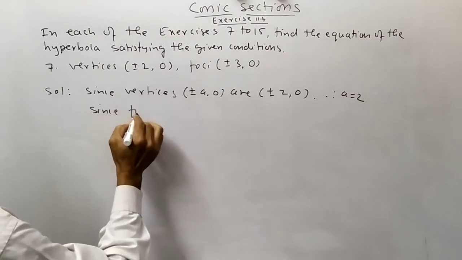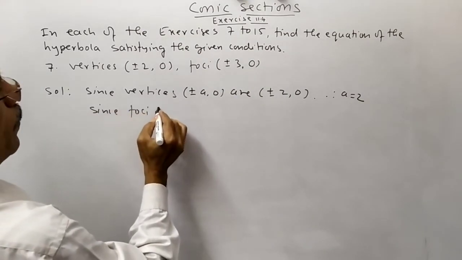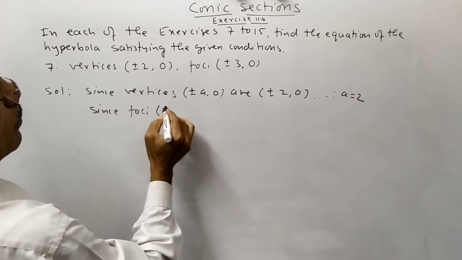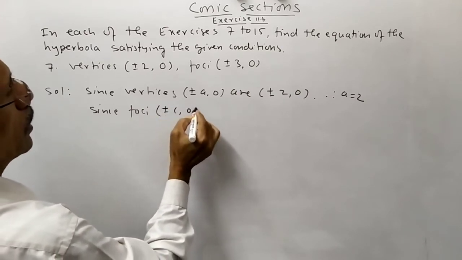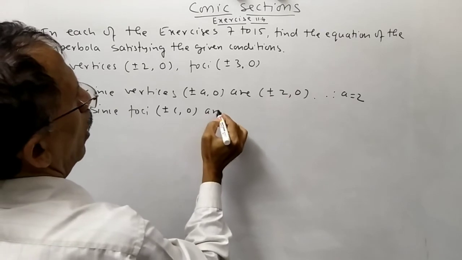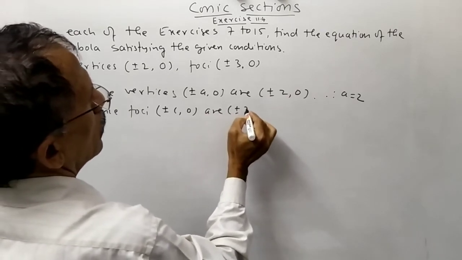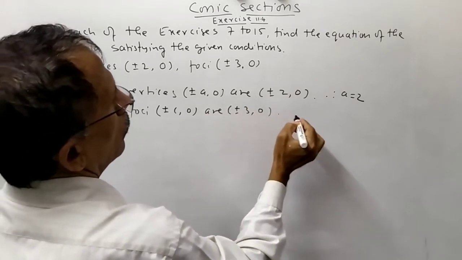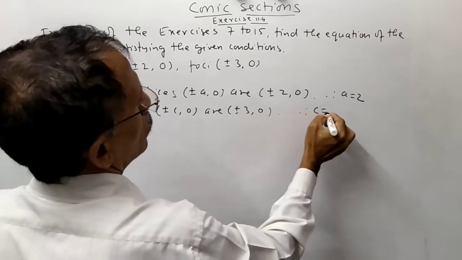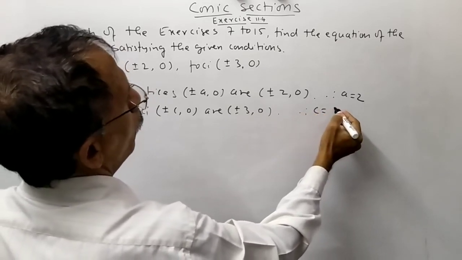Since foci coordinates are plus or minus c comma 0 or plus or minus 3 comma 0, therefore c is equal to 3.